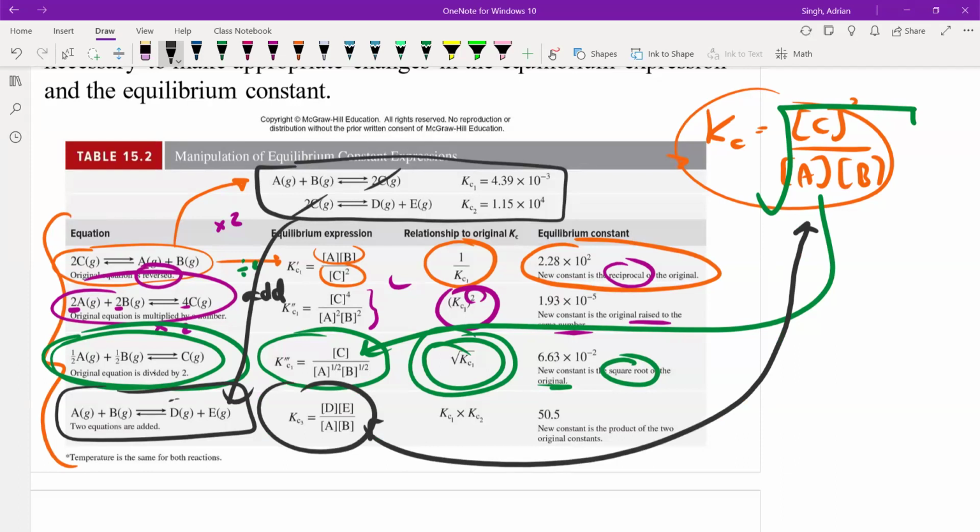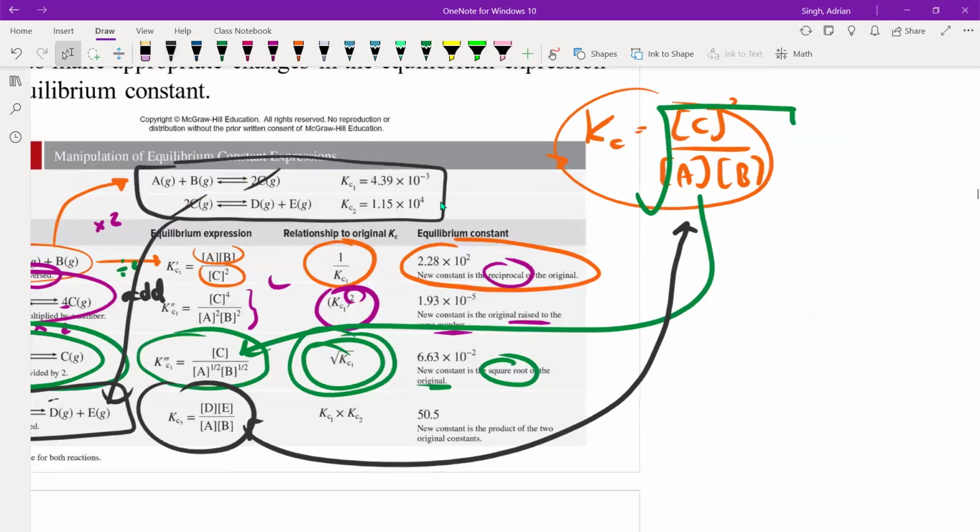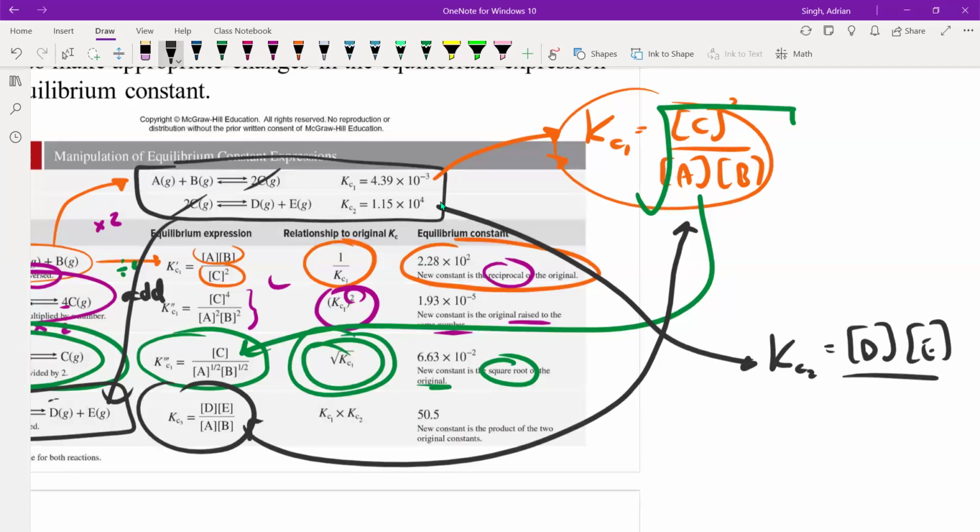Well, now I actually have two of those things to consider, because I have the Kc expression for that equation. I also have my Kc expression for the second one. So Kc2 in this case would be equal to, what do we have? D times E over C, and then that's squared. So how are these two expressions related to that expression for when we add them together?